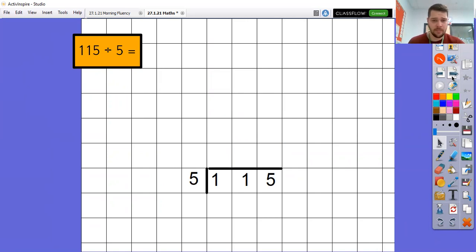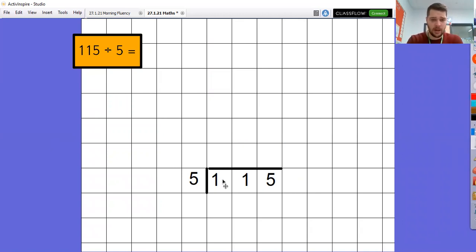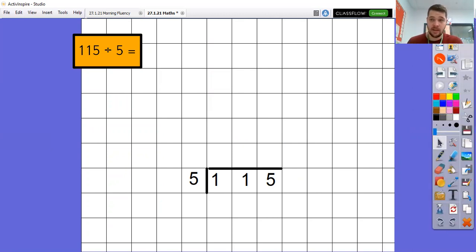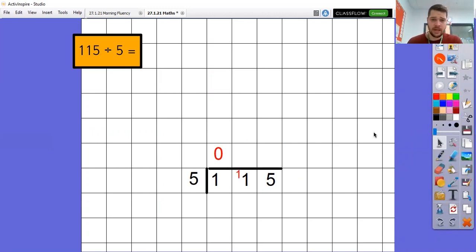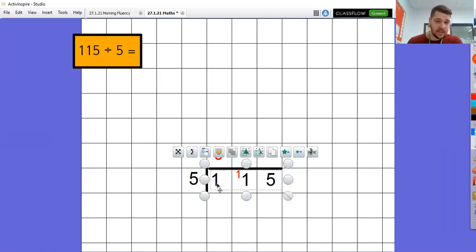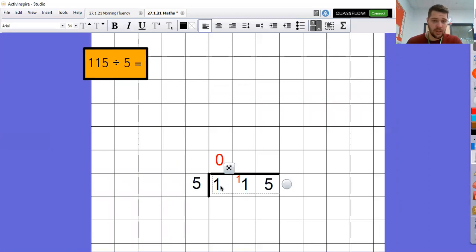Let's try another one here then. This one is really, really important because how many 5s go into 1? 5 is bigger than 1. So what I need to do is I need to put a 0 because it doesn't go into 1. And I need to carry my 1 over to here. So I now have 11. If this number here was a 4, I would have to carry a 4 over.